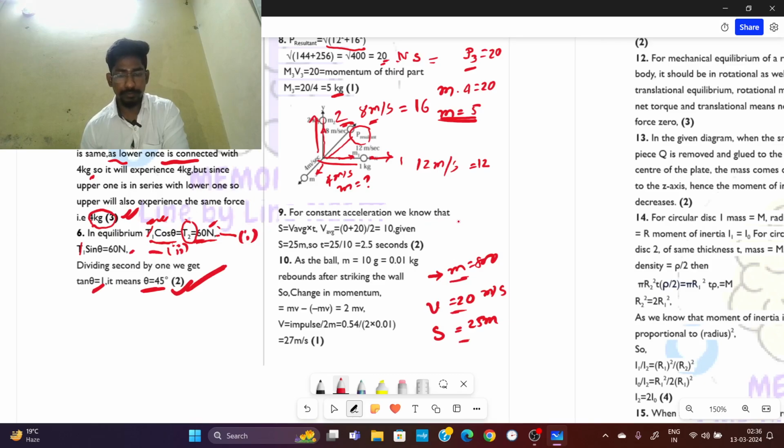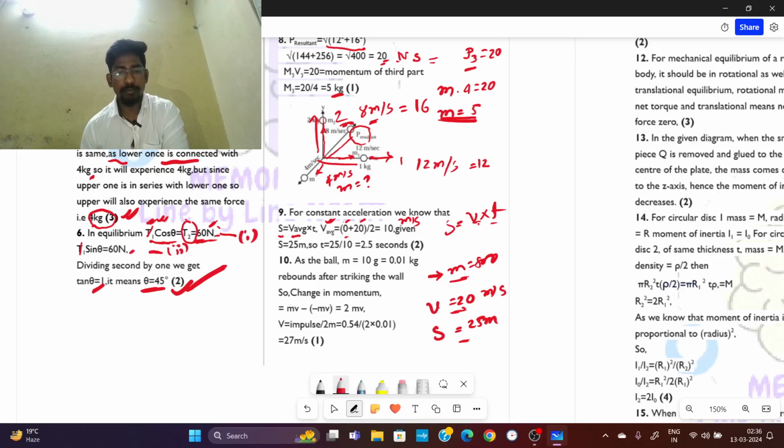As you know, you have to calculate the average velocity. Average velocity: first it was at rest, so the speed was 0, and then it got to a speed of 20 meter per second. So the average speed will be 0 plus 20 by 2, that means 10 meter per second. As we know, the distance formula is equal to v into t.